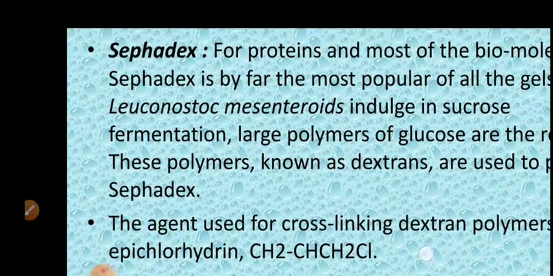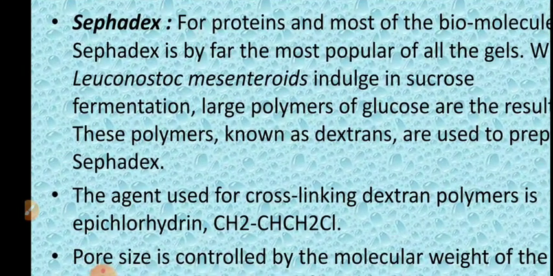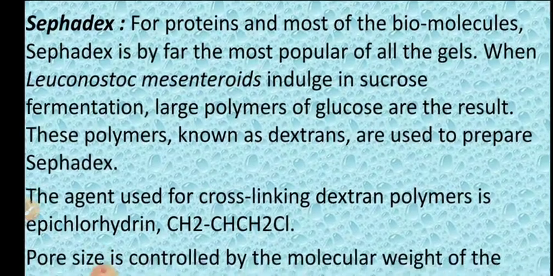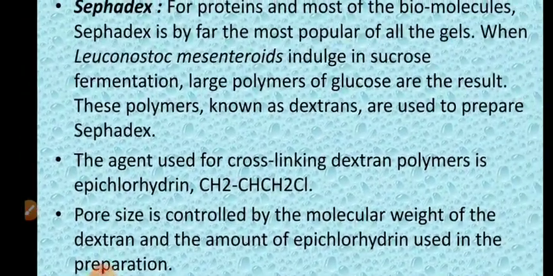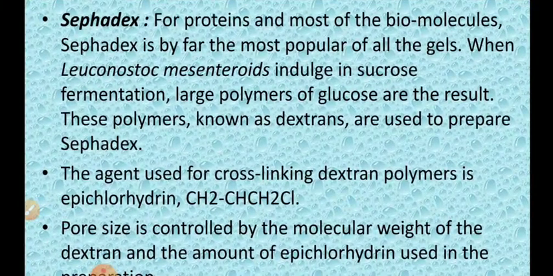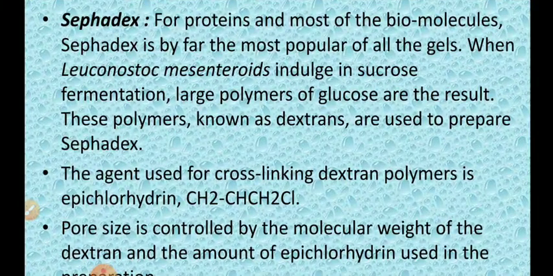Now, what is Sephadex? For most proteins and biomolecules, Sephadex is the popular choice of gel used for gel permeation chromatography. Now, how is it produced? Leuconostoc mesenteroides is a microorganism which, when involved in sucrose fermentation, forms large polymers of glucose.